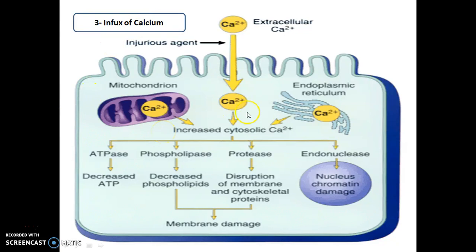This calcium which comes from the extracellular compartment into the cell will activate different types of enzymes in the cell. There is also release of calcium from the damaged mitochondria, and also from the damaged membrane of the endoplasmic reticulum.